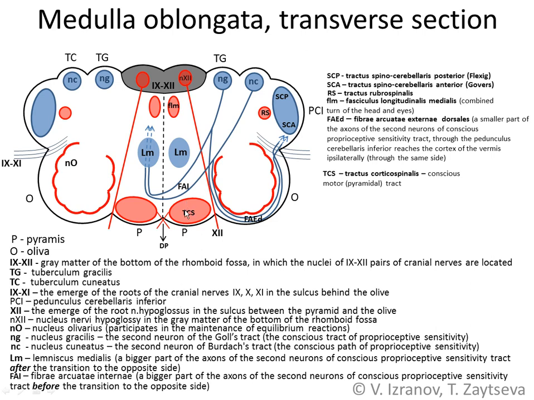And again, very interestingly, some parts of these fibers cross the midline and go to the contralateral side, to the opposite side. This place is called decussatio pyramidum. Decussatio, so crossways. Decussatio pyramidum.